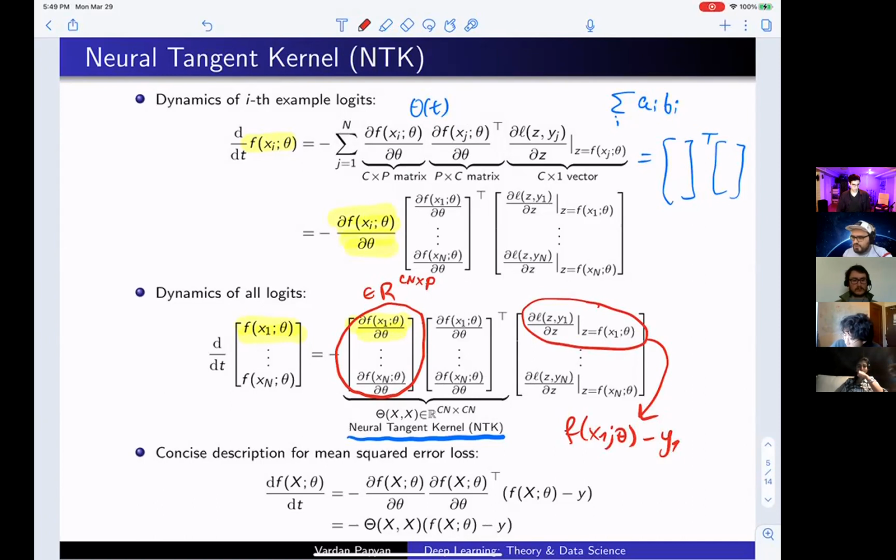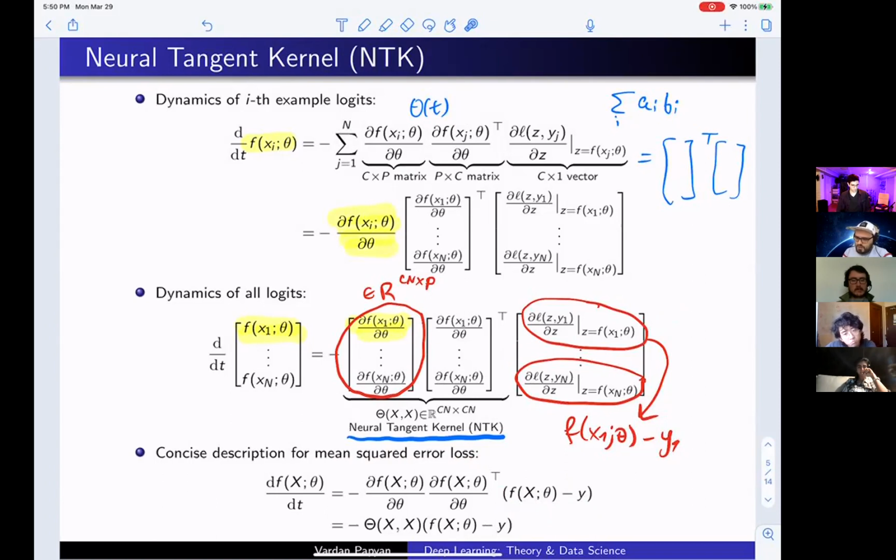Now, notice that if we stack a bunch of these quantities, what we would get is f(X, theta) minus a long vector y. So f(X, theta) are the predictions, the logits of the whole data set concatenated on top of each other, and y are the corresponding targets, right? So by considering the mean squared error loss, we've managed to reduce this ugly expression into just f(X, theta) minus y.